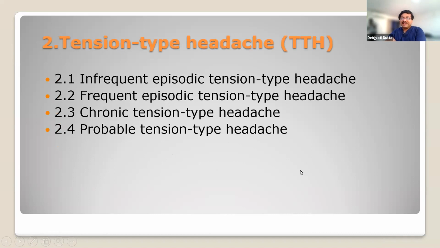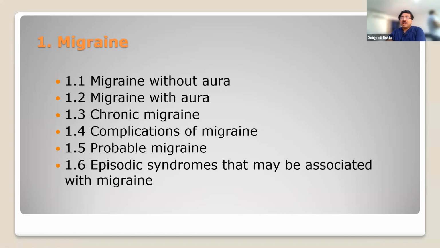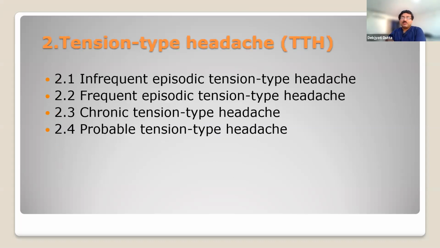Now coming to the tension type headache, this is the commonest type of headache. Remember, migraine is the commonest type of headache that requires hospital care, where the patient comes to the hospital because of the headache. And the most common type of headache that doesn't always require medical attention is the tension type headache.